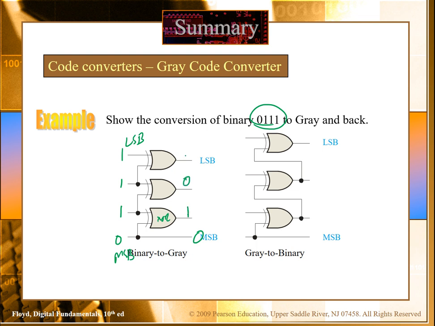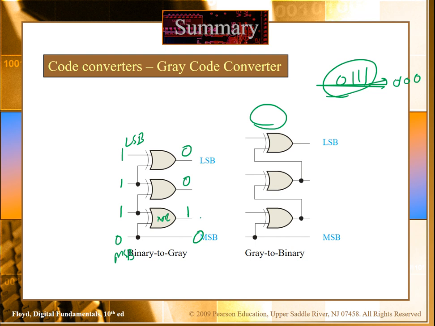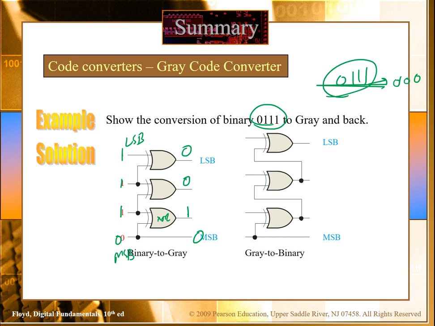So if you have 0, 1, 1, 1, what is its gray code? Let's go back to the table. Our input is 0, 1, 1, 1. What is the gray code? 0, 1, 0, 0. What we are getting here is 0, 1, 0, 0. So we can convert binary to gray and back, whatever you want to do.